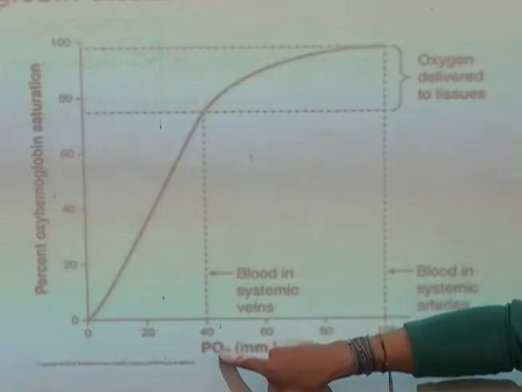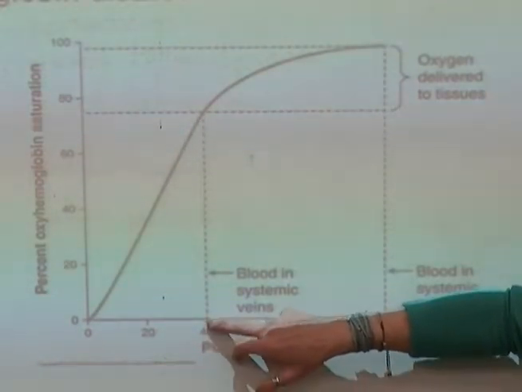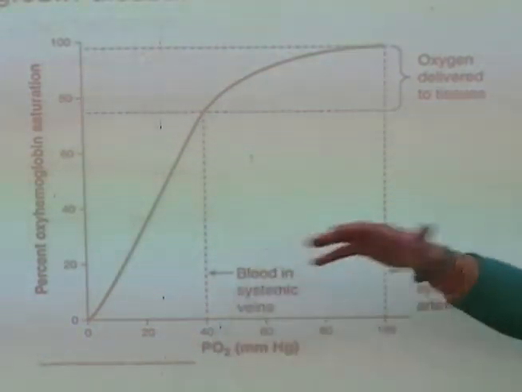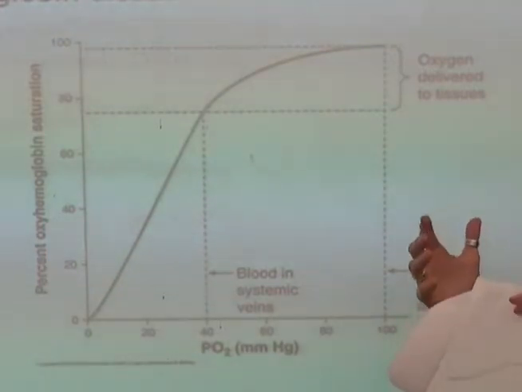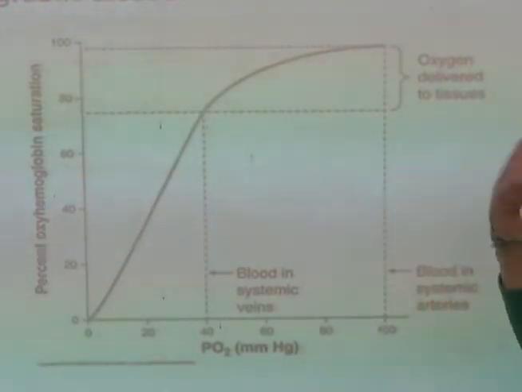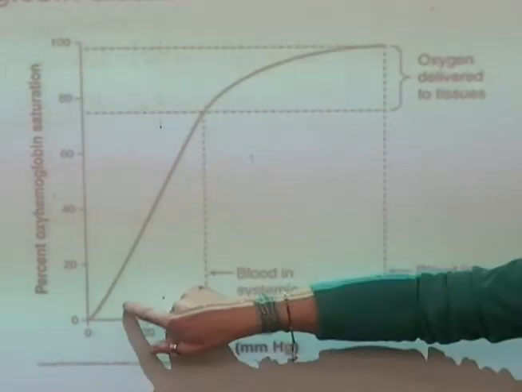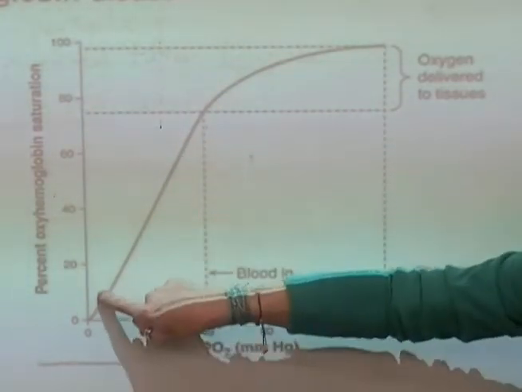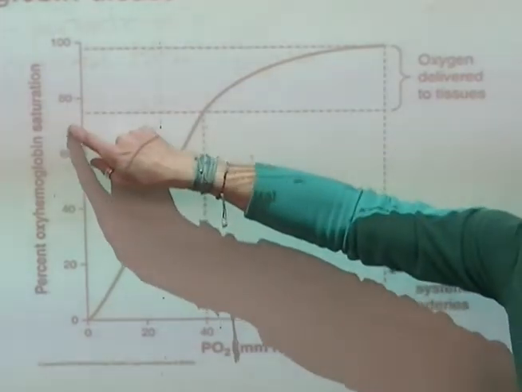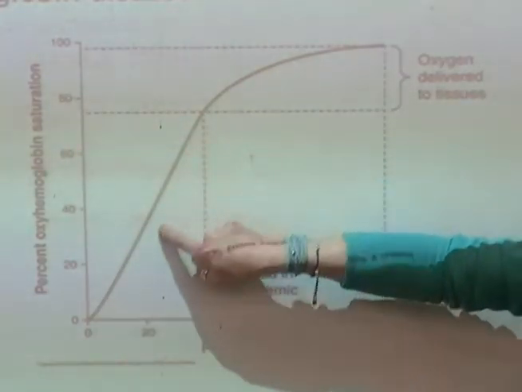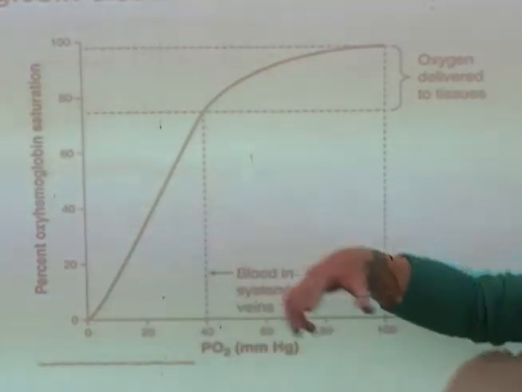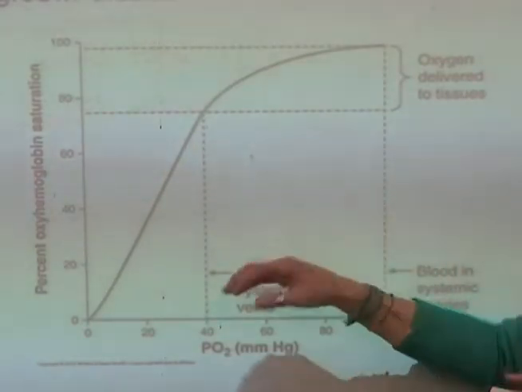So remember that the partial pressure of oxygen is quite low in the veins coming back to the heart, because it's given up a lot of its oxygen at this point. So we don't have a very high percentage of saturation in the blood that is coming back to the heart.